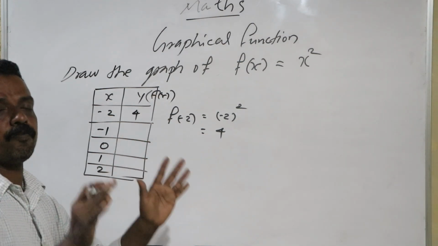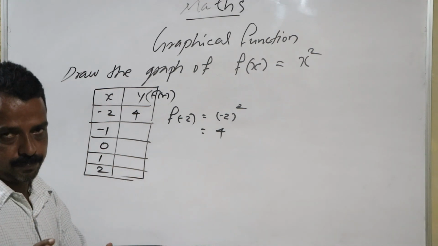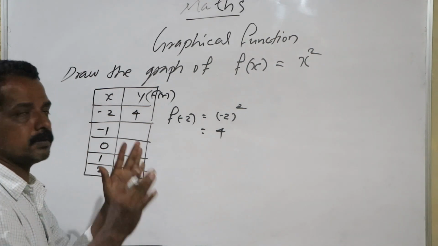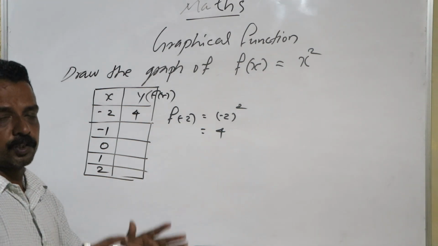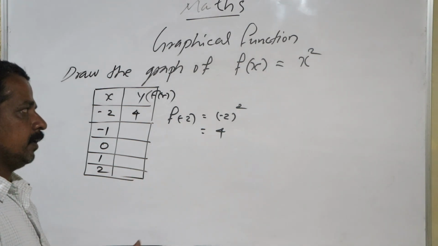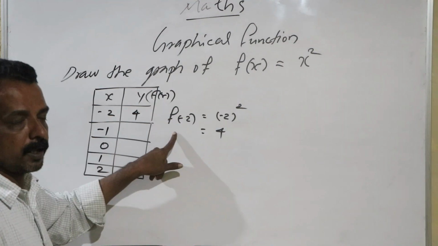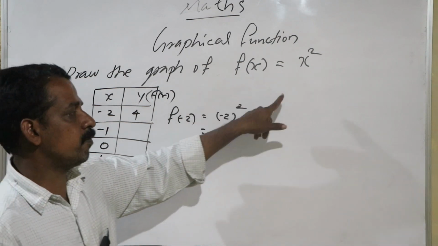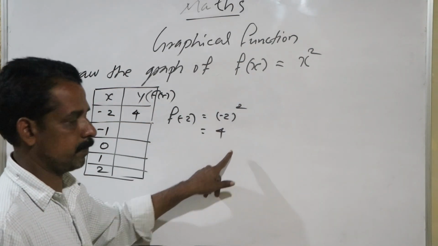Then we must find out the ordered pair of each x element. To find out f of x, to find out y, we must use the equation. Here f of -2, we must give -2 instead of x. -2 to the whole square is equal to 4.